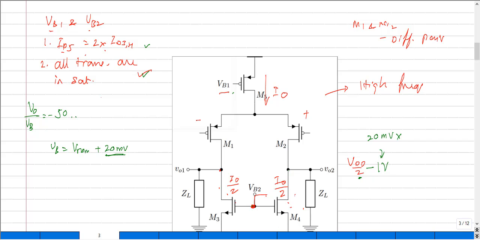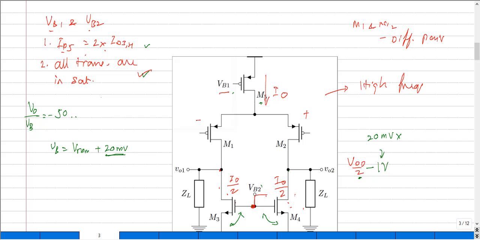We know that if the value of VB2 is raised, the VGS across M3 as well as M4 increases, and due to that, the current flowing across ID5, which was termed I0, is fixed, whereas the current we expect here is I0 by 2.